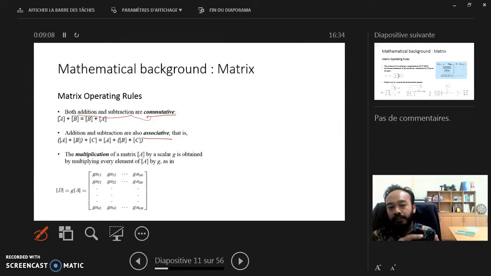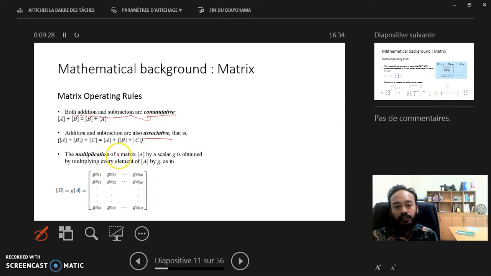And it's also associative. It means if you have more than 2 elements that you need to add or subtract, which one you do first doesn't matter either. So addition and subtraction of matrices are commutative and associative.